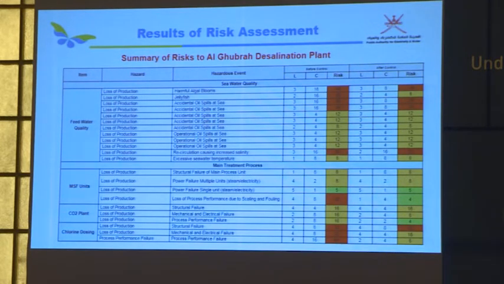This is a summary, but there are details in the PhD. For the jellyfish, the likelihood is 2 and C is 16, so it is 32. This is before control, and this is after control. When we apply the control measure, we reduce the severity of risk from red to amber, and similarly for the others.